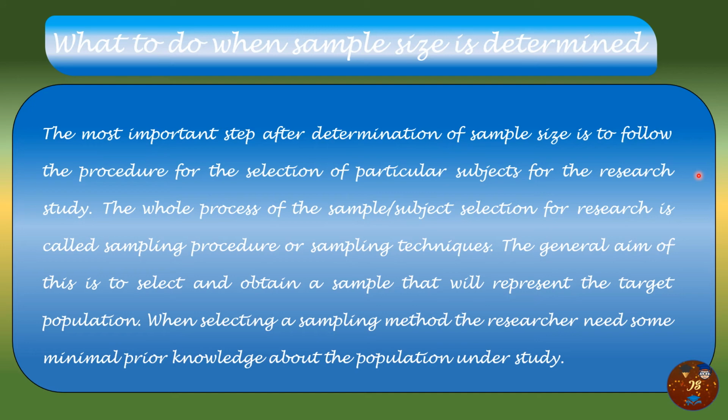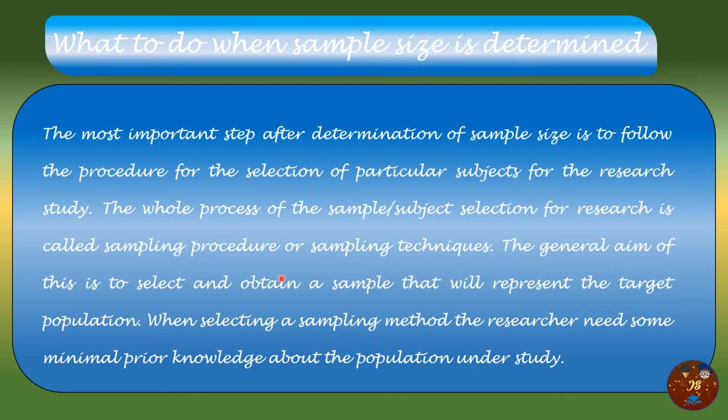For the research, we have to select the particular subjects from the population. The whole process of the sample or subject selection for the research is called the sampling procedure or sampling technique. So the sampling technique is what we have to use to choose the sample after determination of the sample size.